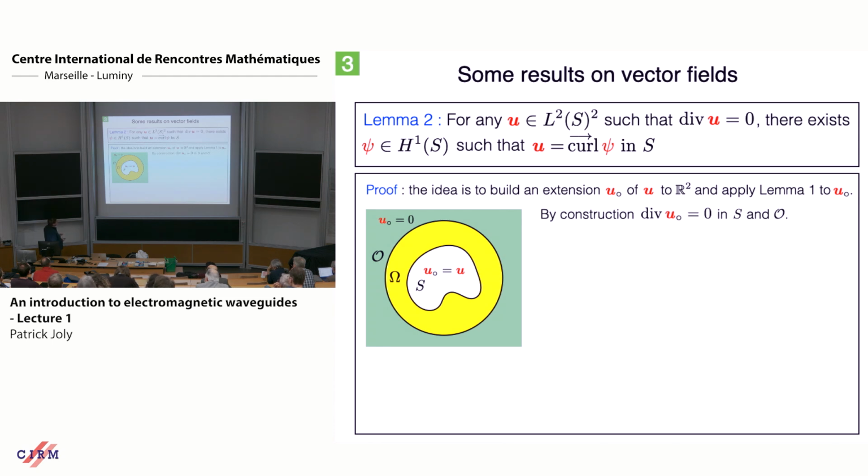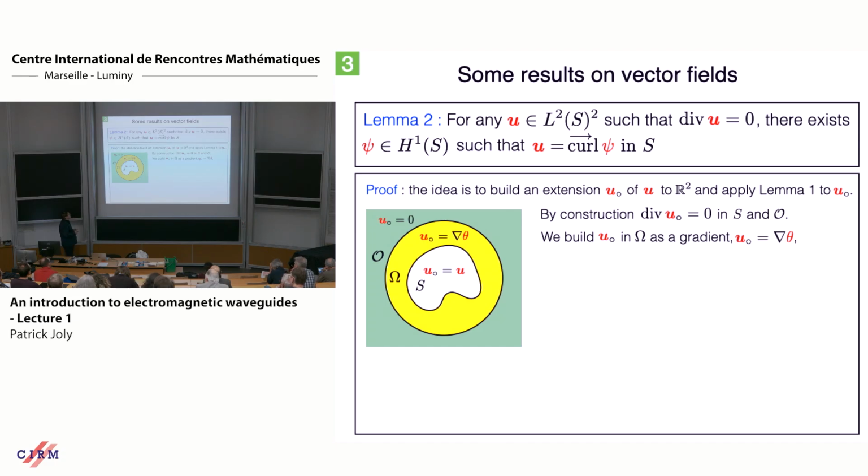By construction, the divergence 0 condition is already true inside and outside because it is in the assumption. And to fill it, you build a joining as a gradient.